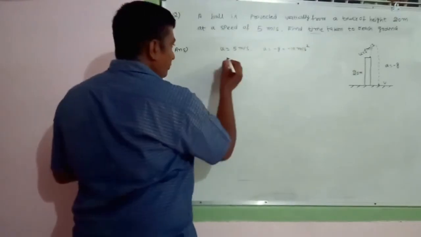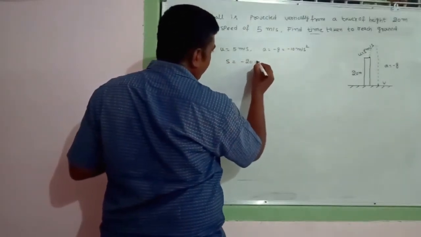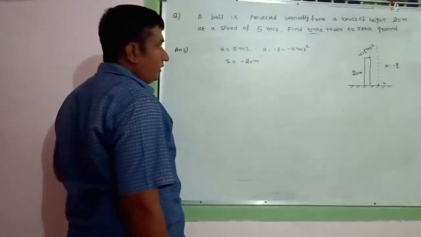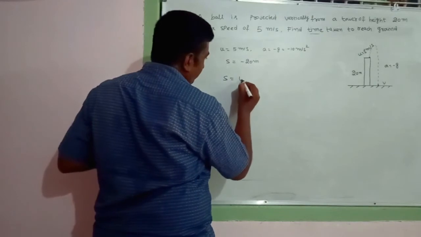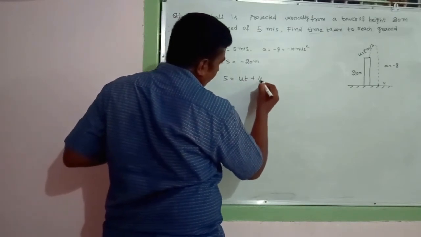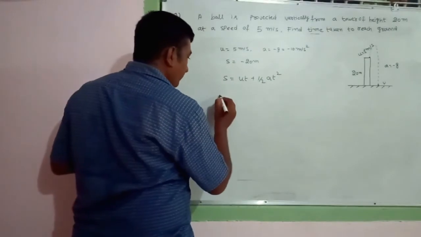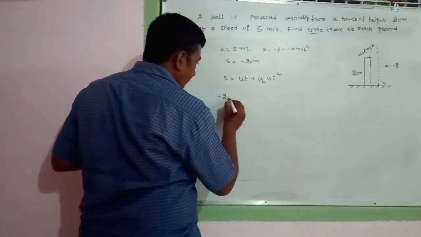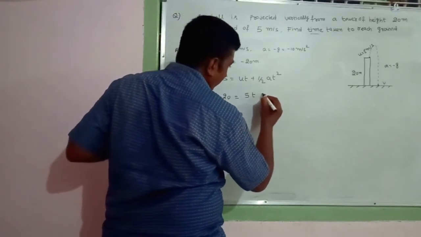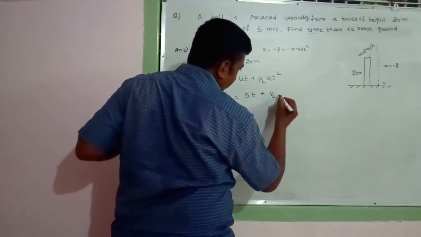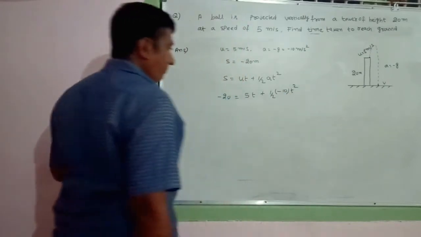And the total displacement is equal to minus 20 meters. By using the kinematic equation, s is equal to ut plus half a t square. So minus 20 equals 5 into t plus half into minus 10 into t square.